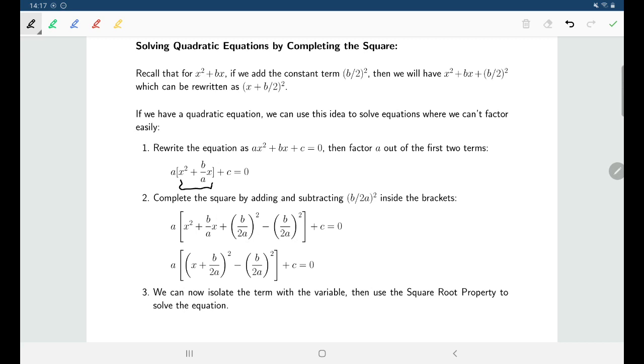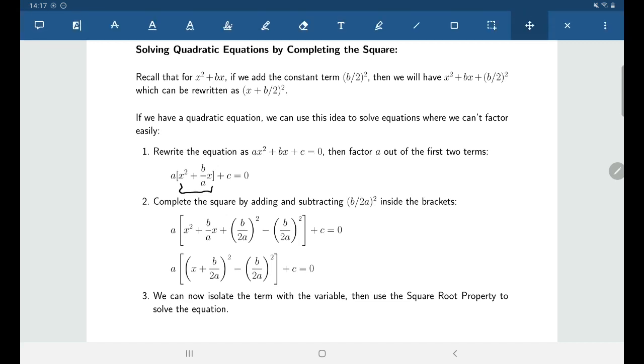At that point, we just need to then recognize that what we have for the first 3 terms is now a nice perfect square. And then we can use our square root property to help solve the equation. We can help solve the equation by isolating for x and then using our square root property. So let's see this in action.